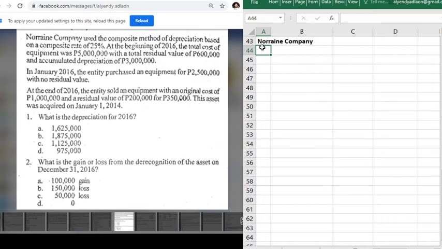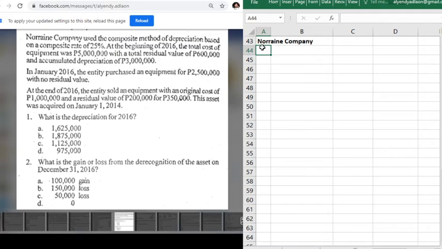So question, at the end of 2016, what is our depreciation? Okay. So class, since we are using a composite method, all of our equipment must be depreciated by just multiplying it by the composite rate of 25%.